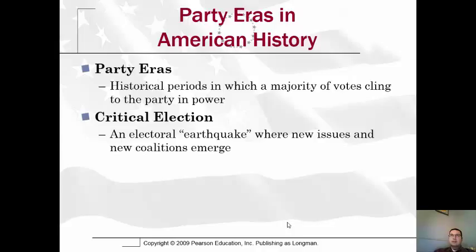So when FDR was first elected, he brought in a whole group of people that hadn't voted in that manner before on different issues than people had voted before. So that would be seen as a critical election where new coalitions of people emerge that agree, right? So he brought a lot of people into the Democratic Party over that subject.